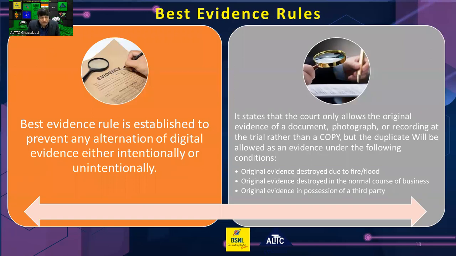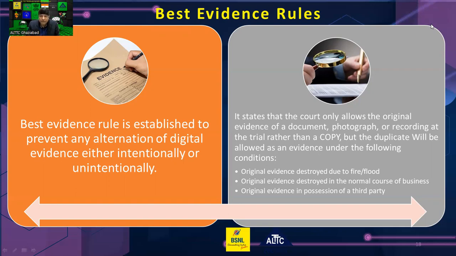The best evidence rule is established to prevent any alteration of digital evidence, either intentionally or unintentionally. It states that the court only allows the original evidence of a document, photograph, or recording at trial rather than a copy, but a duplicate will be allowed as evidence under some conditions. What conditions?